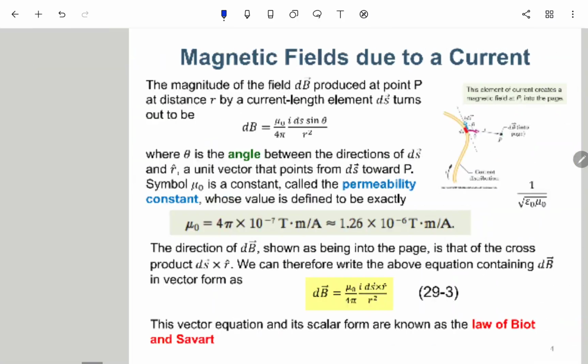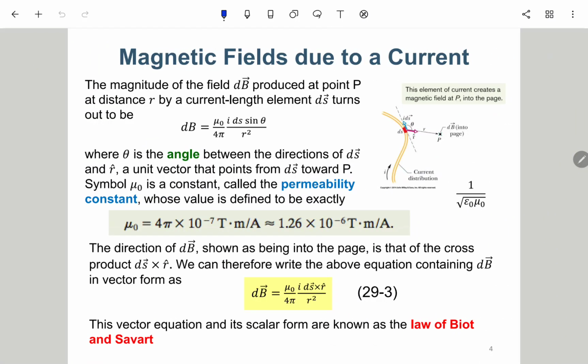Anyway, here we first talk about the B field due to a current: how to calculate the B field generated by a current. So here is the so-called Biot-Savart law, or sometimes we call it the law of Biot-Savart.